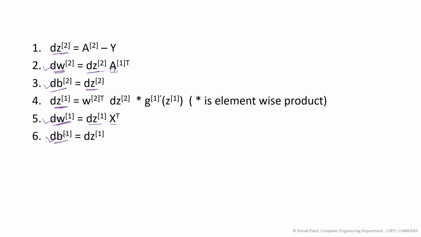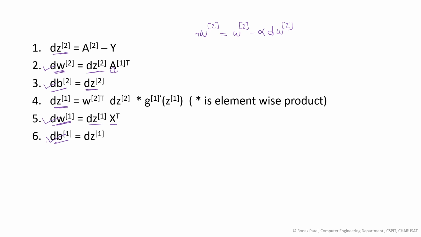So how? Let me write this. W2 is equivalent to, this is new W. Let me write N, or if you don't write it then it is also fine, old W minus alpha times dW2, right?